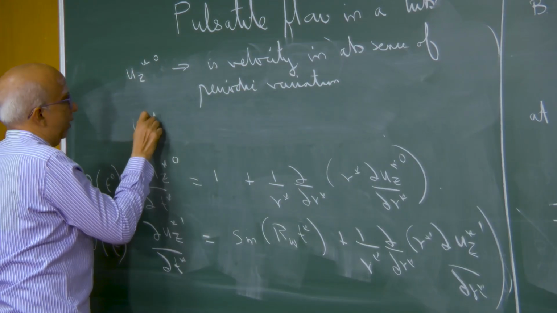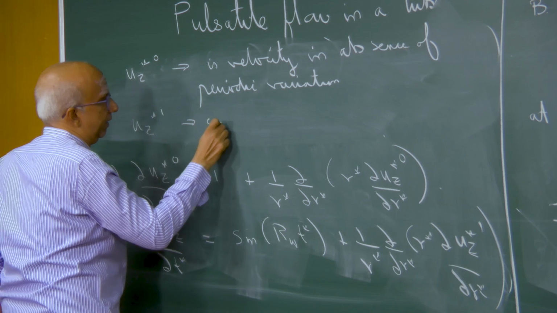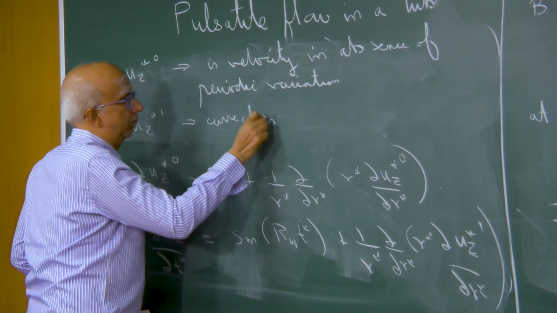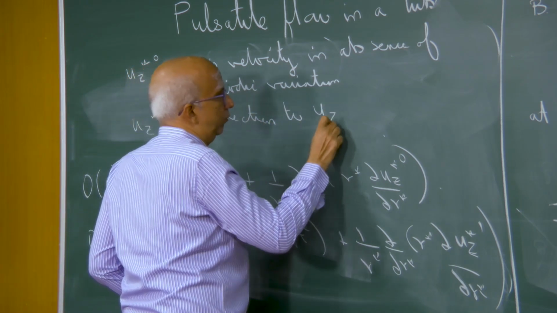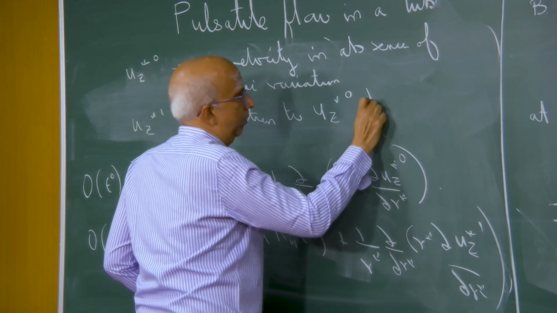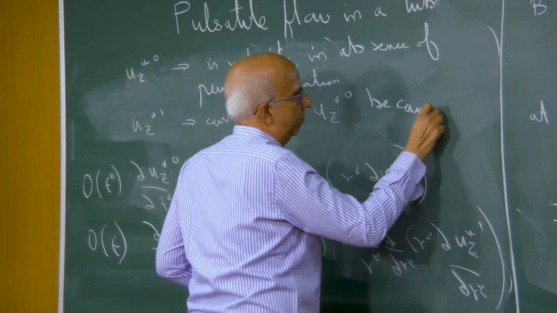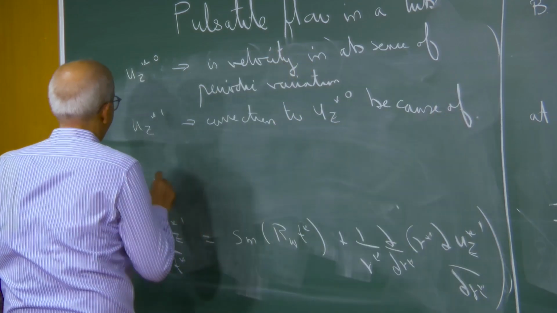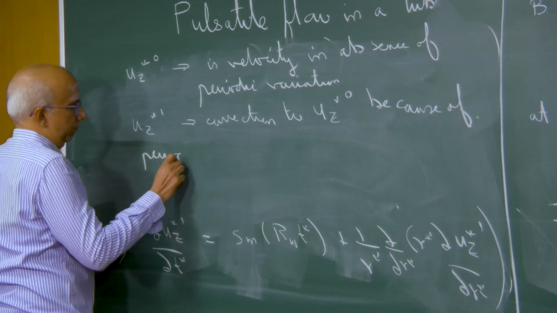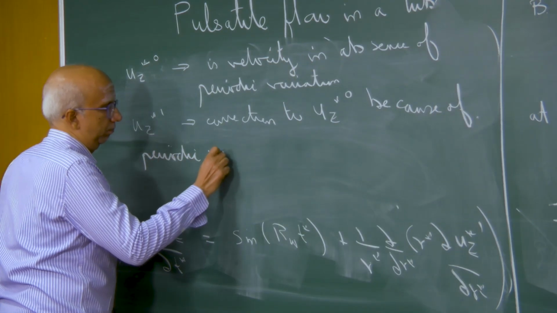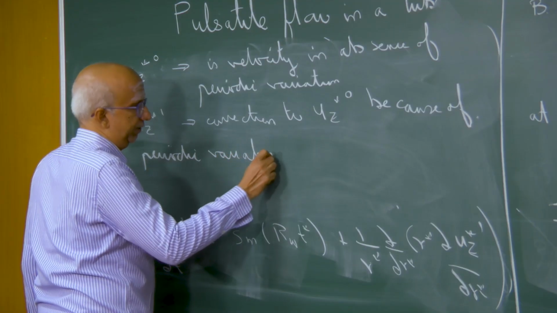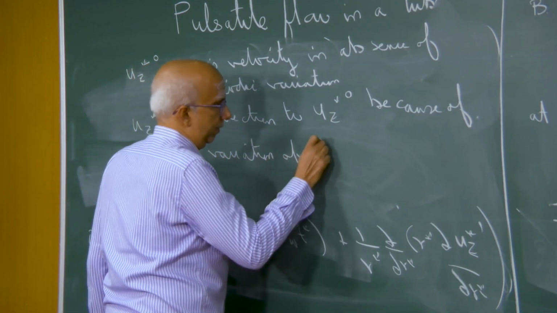U z star 1 is the correction to u z star 0 because of the periodic variation of delta p.